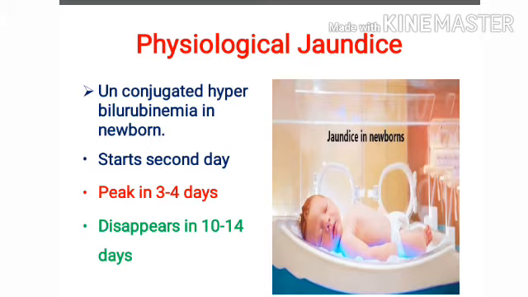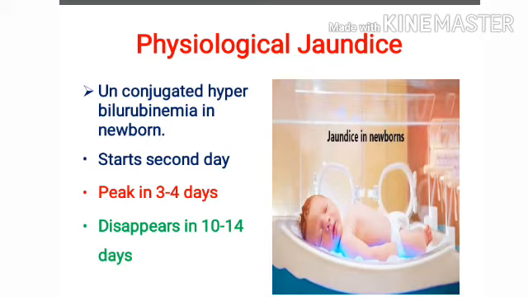And level of bilirubin may reach up to 12 milligram percentage. In some infants and in preterms, this may also reach 14 or 18 milligram percentage. That is called exaggerated hyperbilirubinemia or exaggerated neonatal jaundice.